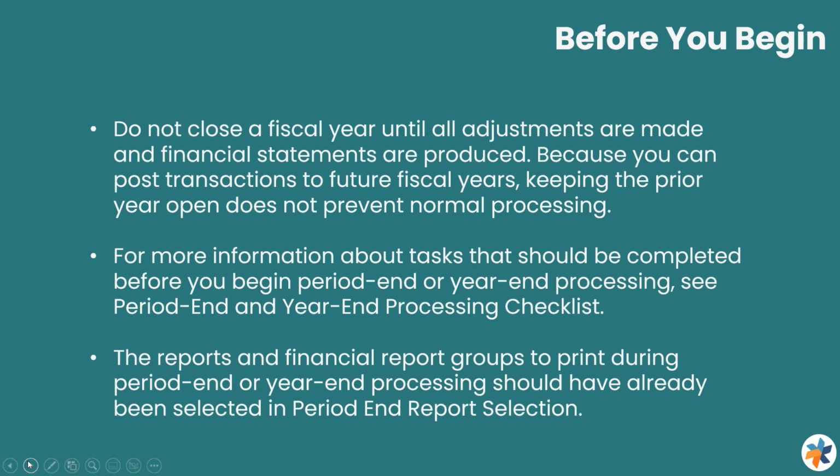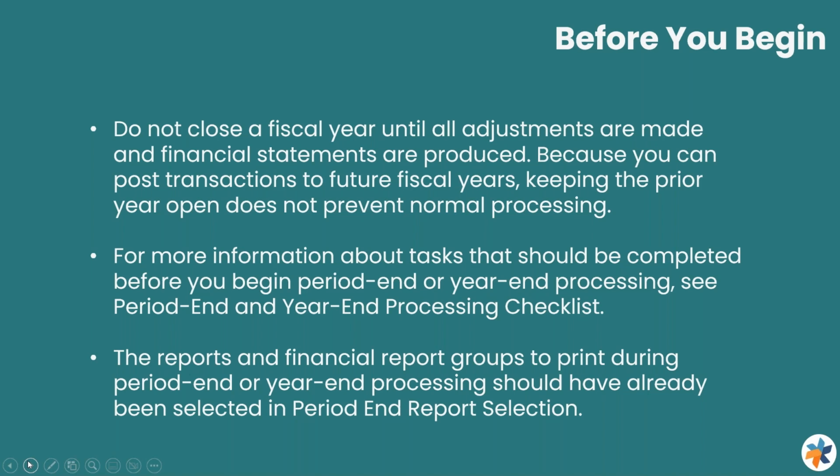You also want to use the year-end or period-end processing to make sure that you're going through the checklist and not missing anything. And then, of course, you want to go through your reports and get all of those printed for your period end, year end, that you can select within your period end report selection.